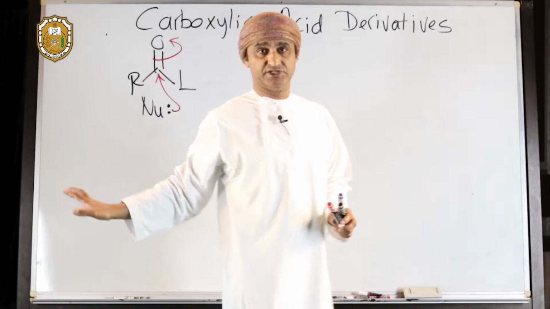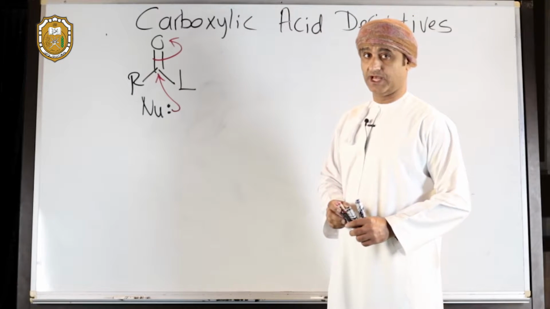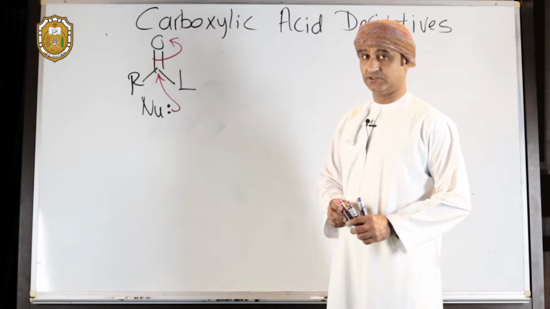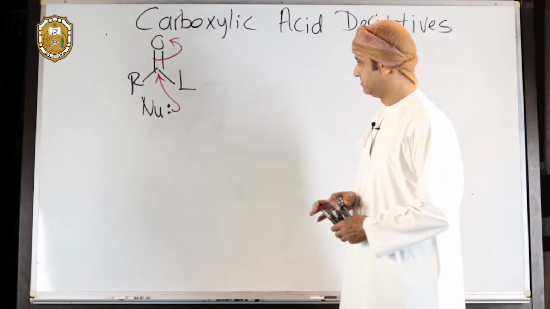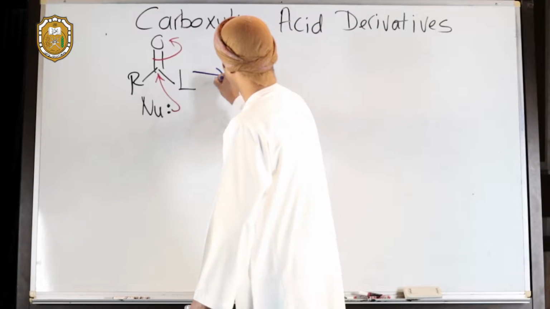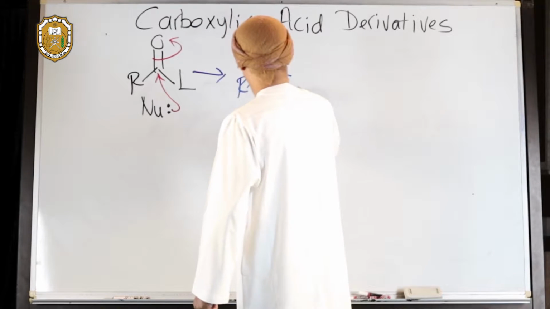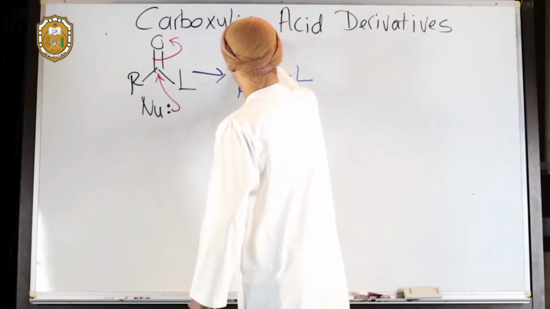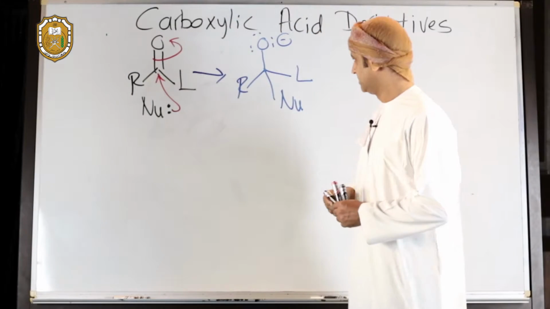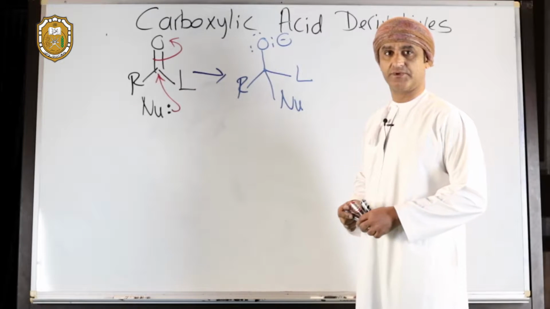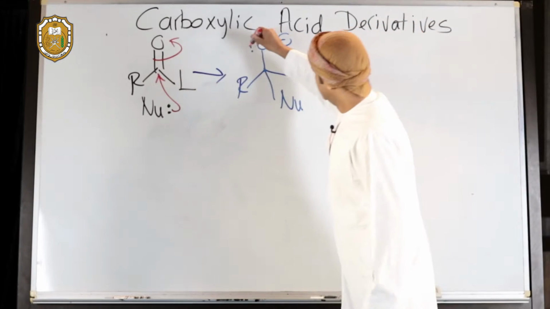This is a nucleophilic addition step, which is not really different at all from that of aldehydes and ketones, but the reaction obviously takes a different course. So the intermediate then would be this alkoxide intermediate, and this alkoxide intermediate undergoes reformation of the carbonyl group with departure of the leaving group.